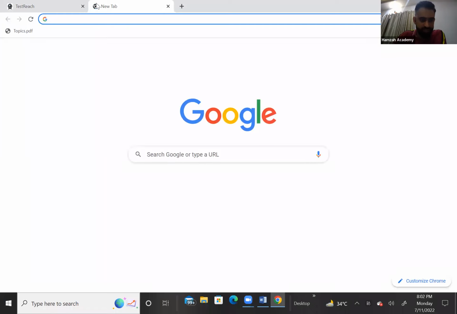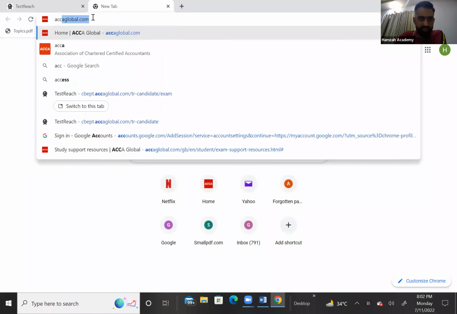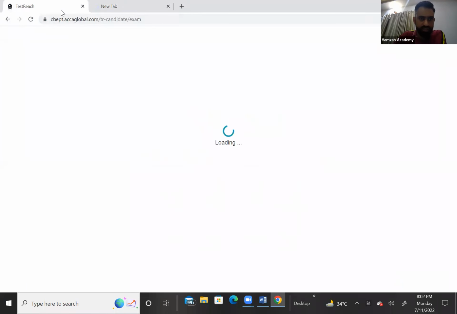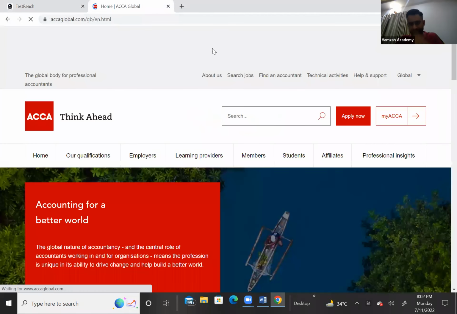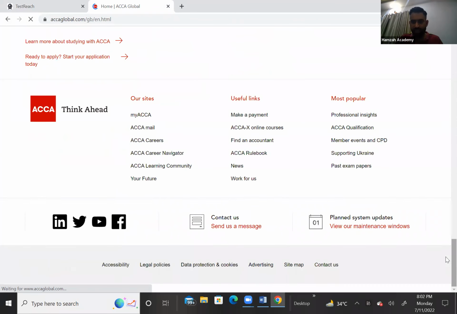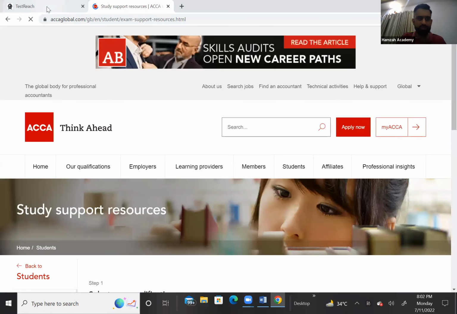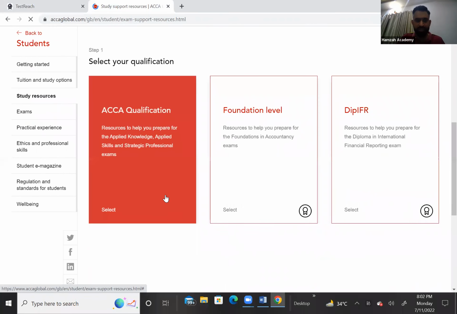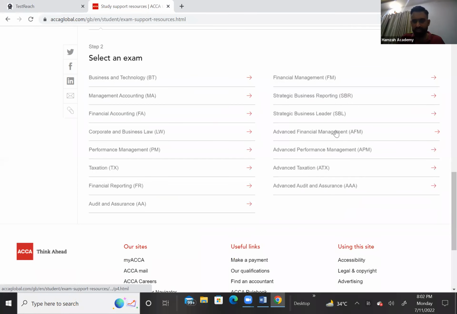I'm just trying to access the ACCA Global so I can show you a proper exam environment on screen, because you know that this paper is also going to be a computer based exam. So you people should have the idea of how the exam is going to appear on your exam lab.